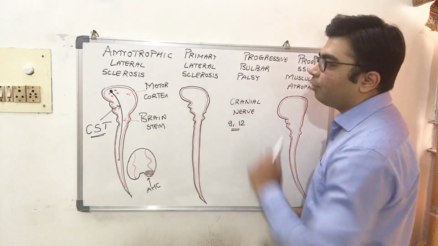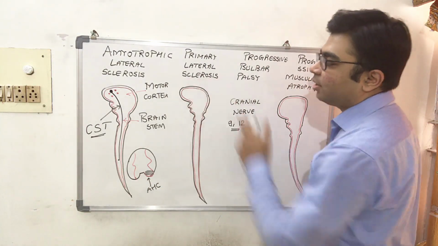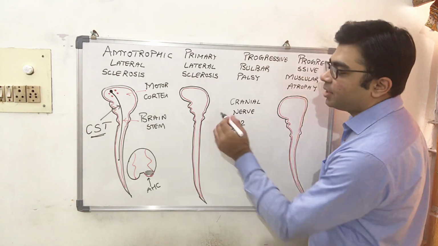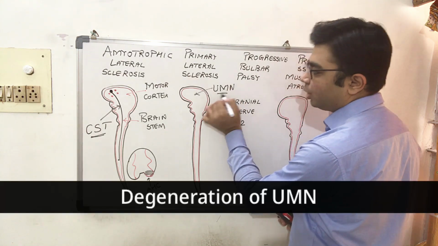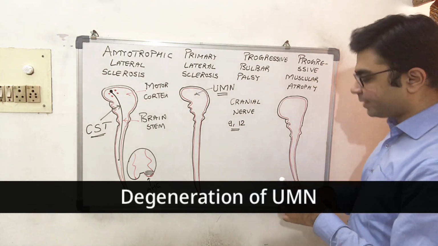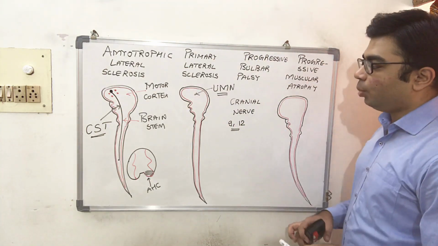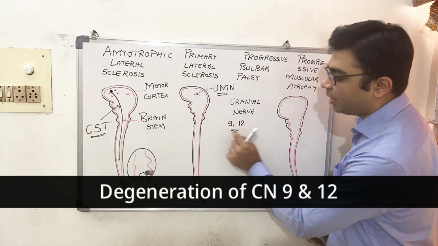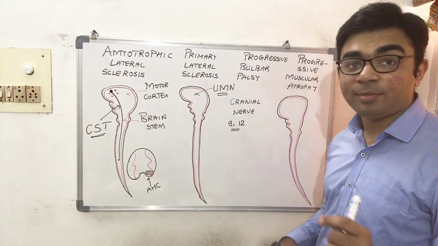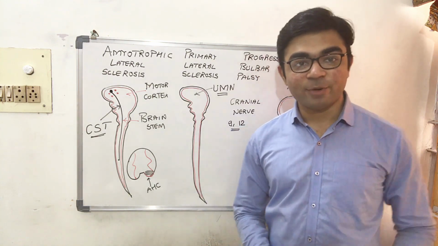The next subtype of MND is primary lateral sclerosis, in which we see degeneration of the upper motor neurons. The third one is progressive bulbar palsy, in which there is degeneration of the neurons of the cranial nerves, that is the 9th and 12th cranial nerves, namely the glossopharyngeal and hypoglossal nerves.